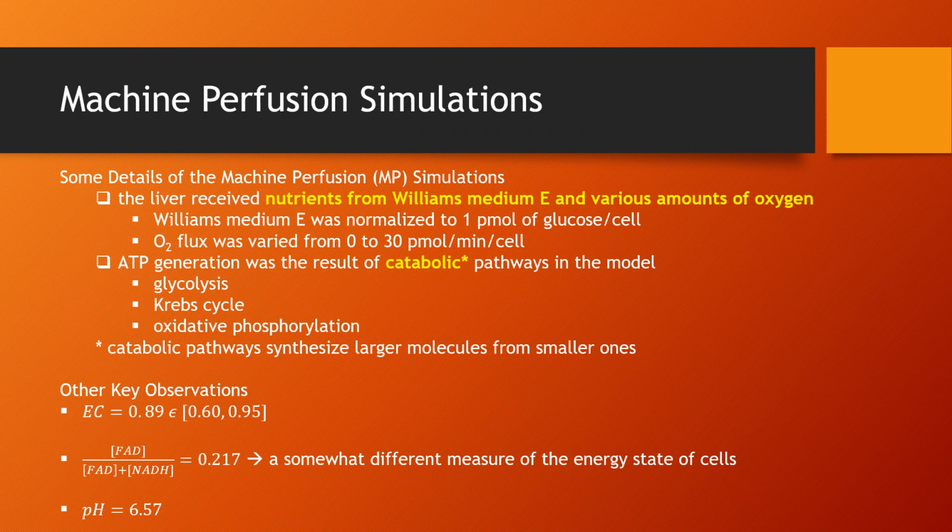Some of the key details associated with the machine perfusion simulations are shown on this slide and are as follows. 1. The liver received nutrients from Williams medium E and various amounts of oxygen. Williams medium E was normalized to 1 picomole of glucose per cell, and oxygen flux varied from 0 to 30 picomoles per minute per cell. 2.